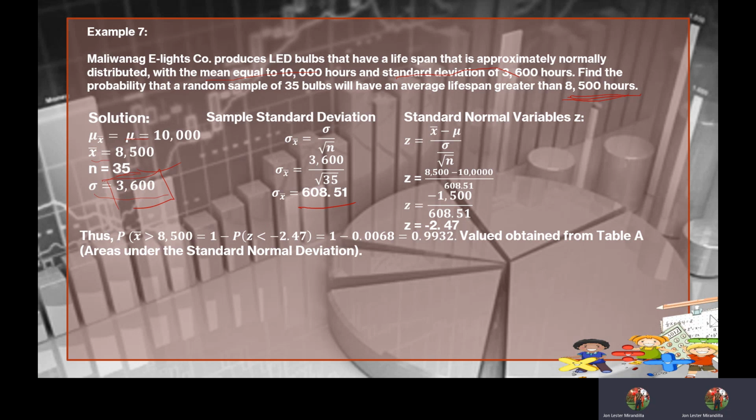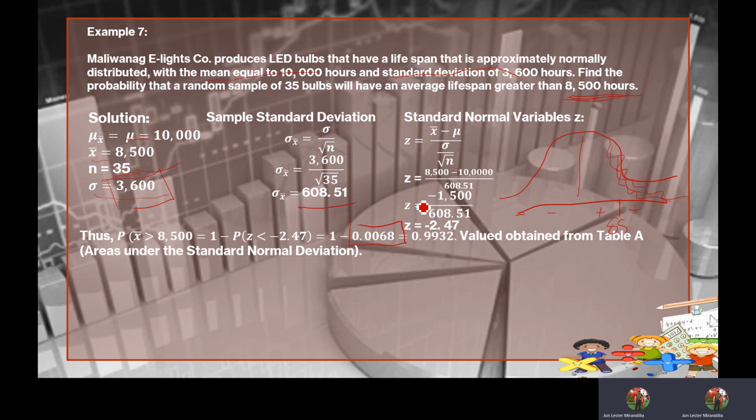Therefore, yung nakuha nating value sa ating z-score na negative 2.47 is 0.0068, then isusubtract natin siya sa 1. Kasi nga, di ba, ito yung ating normal curve. Let's say, dito yung mga negative sign, ito naman yung mga positive sign, ang hinahanap greater than 8,500, mas mataas. So, possible na dito siya, ito yung area na yon.